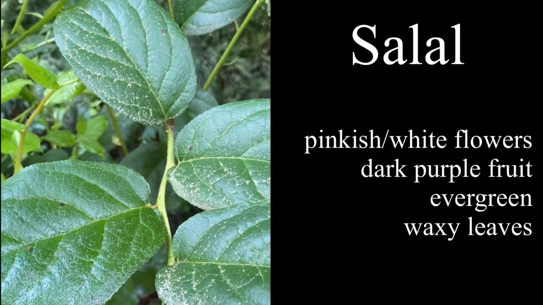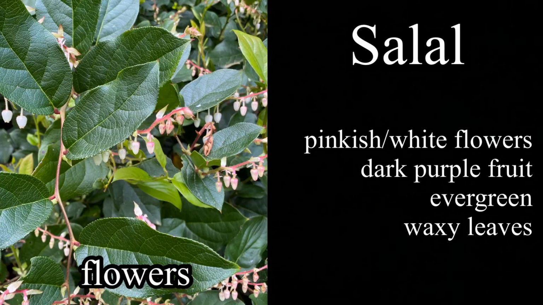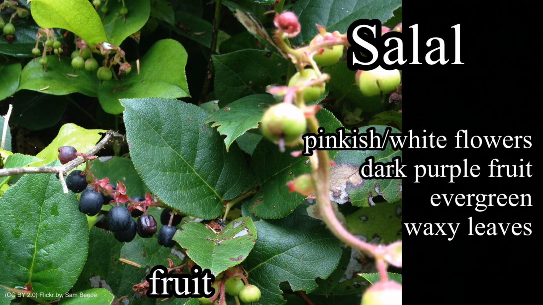Now, although conifers are the dominant tree species in our coastal temperate rainforest, there are still lots of angiosperms to be found too. Salal is one of the most common angiosperms here. Salal flowers are small, pinkish white and bell-shaped. After pollination, they ripen into round, dark purple fruits.